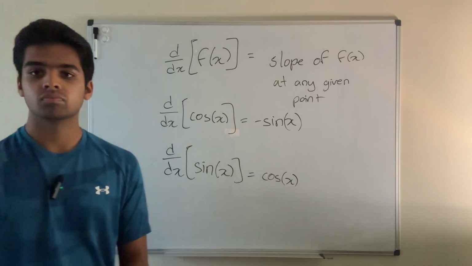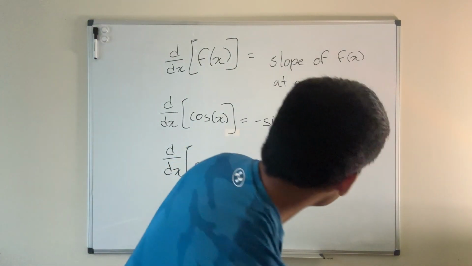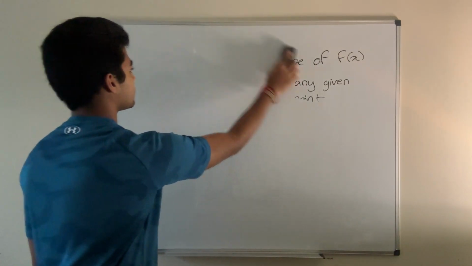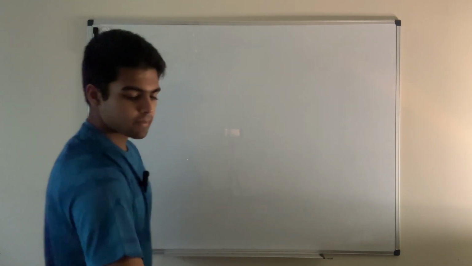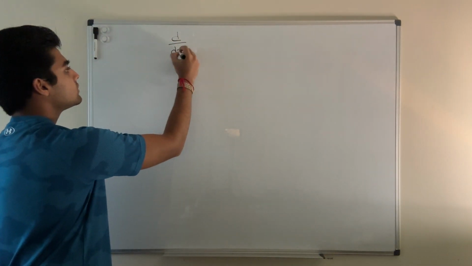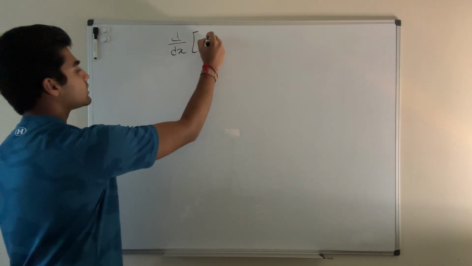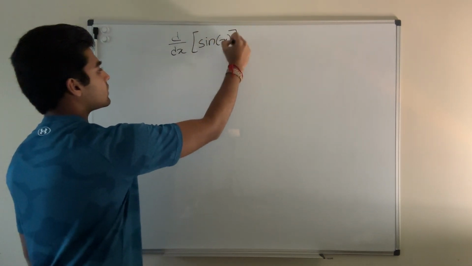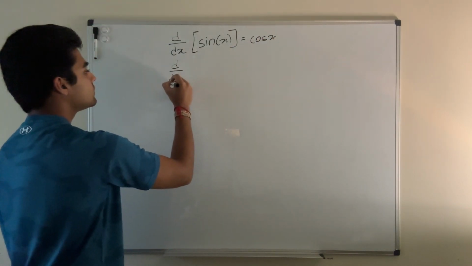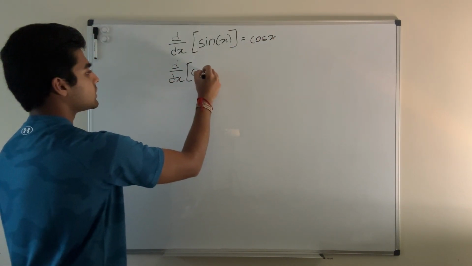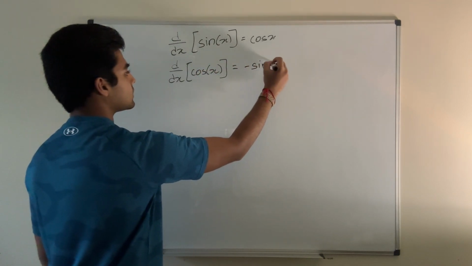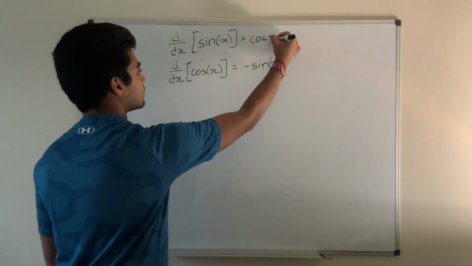Okay, cool. So let's do some practice problems. So I'll write out every derivative that we learned. At the top we have the derivative of sine x is cosine x. We have the derivative of cosine x is negative sine x.